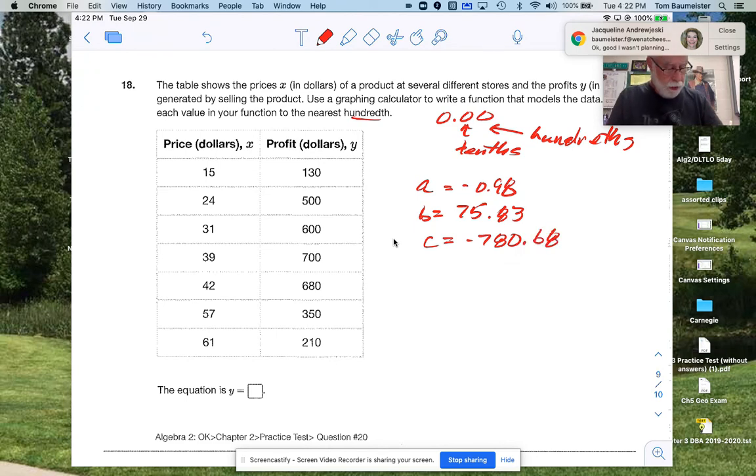So again, they told us the equation is y equals. They've already told us y equals, so all we need to do is put in negative 0.98 x squared plus 75.83x minus 780.68.